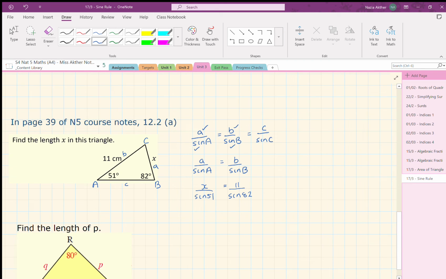Okay, we now need to work out what x is. Because at the moment x is being divided by sine 51, and we want x on its own, we need to multiply this equation by sine 51.